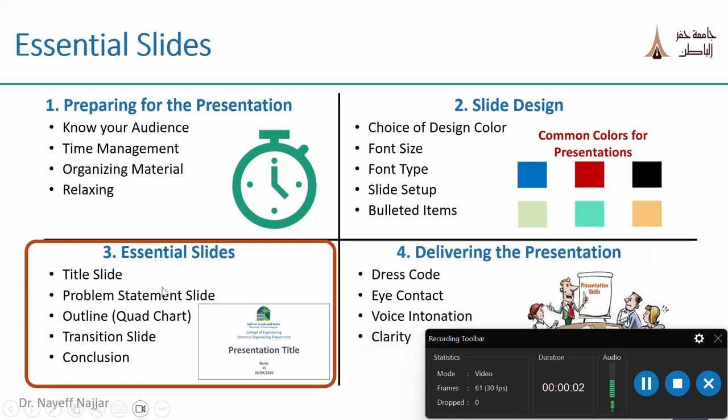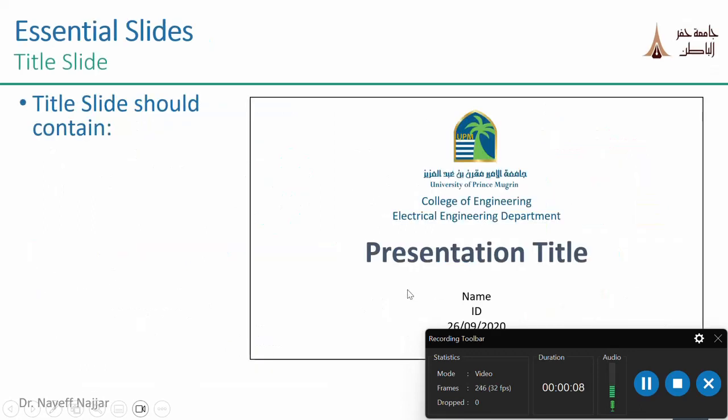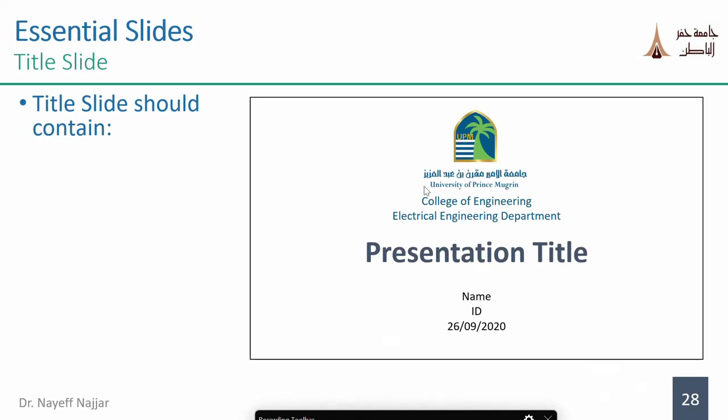There are several slides that have to be in your presentation. In every presentation, you must have a title slide. Title slides look more or less something like this. It has the trademark for your university or your company, your workplace.